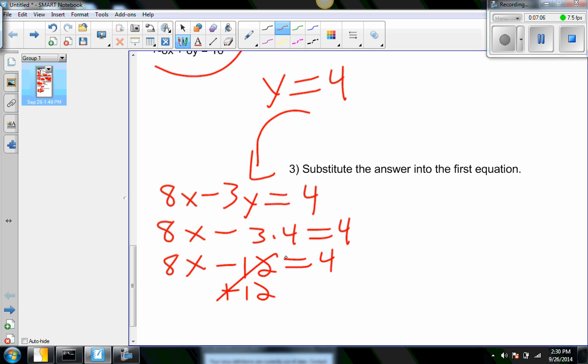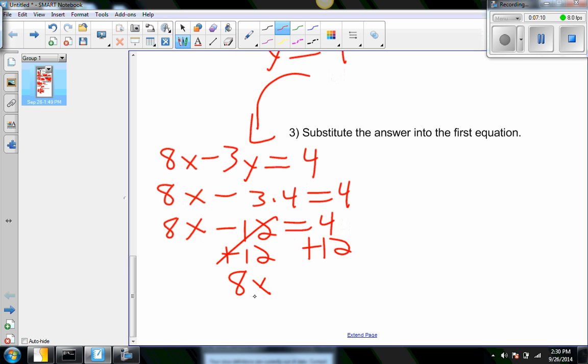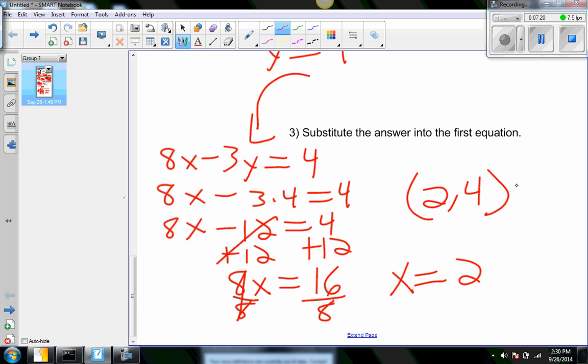And then I have to get rid of the 12, so plus 12. So 8x equals 16. Well, that works out really nice because when I divide it by 8, I get x equals 2. So my answer for that system would be 2, 4.